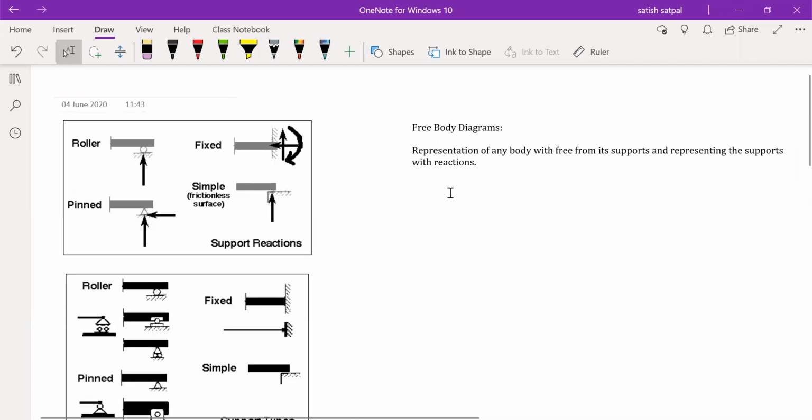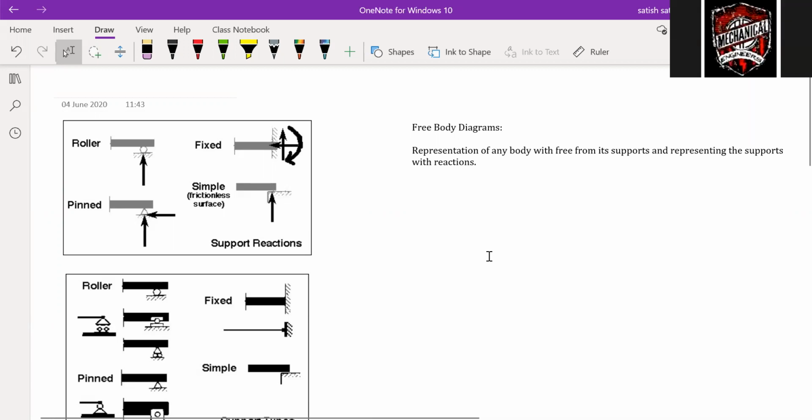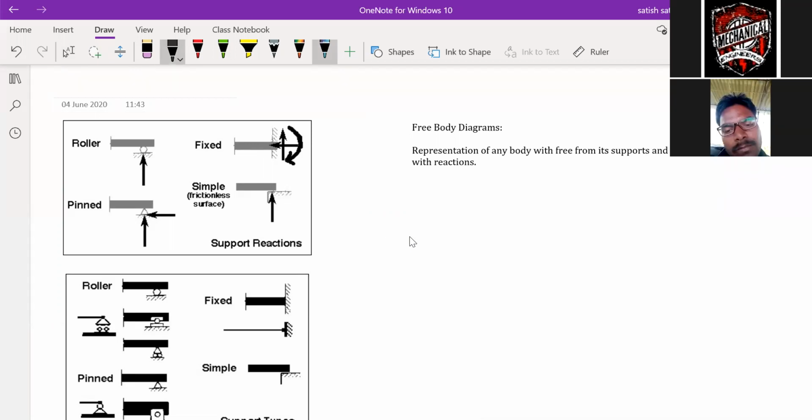Now we'll see. I will draw one diagram here. See, suppose I draw a beam which is supported, like a simply supported beam, like this way.